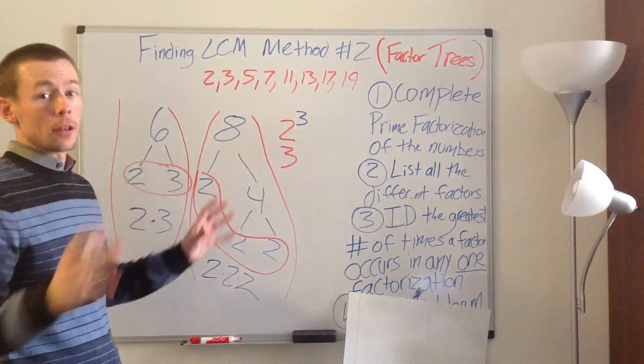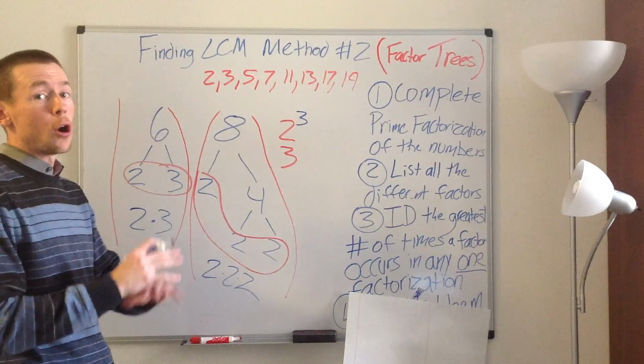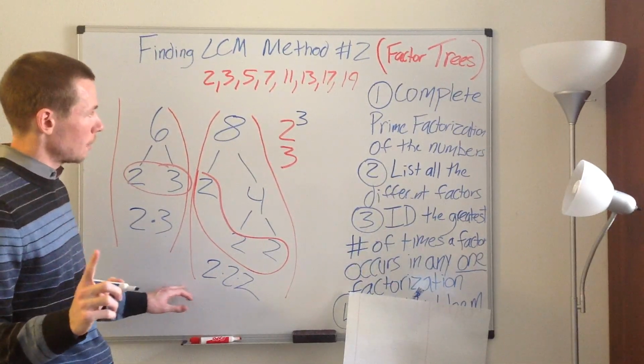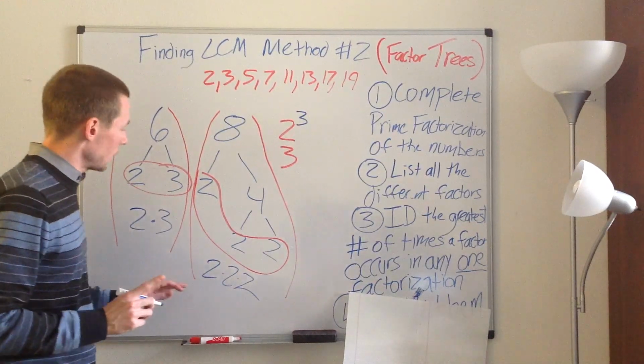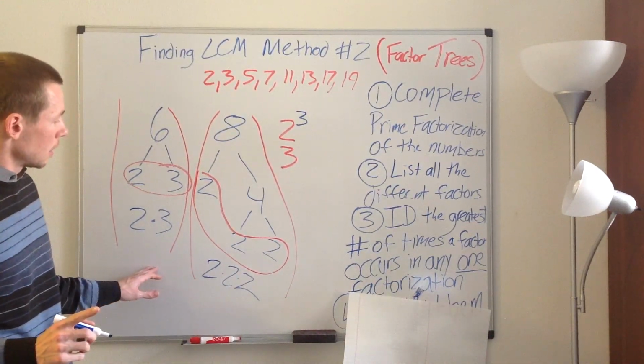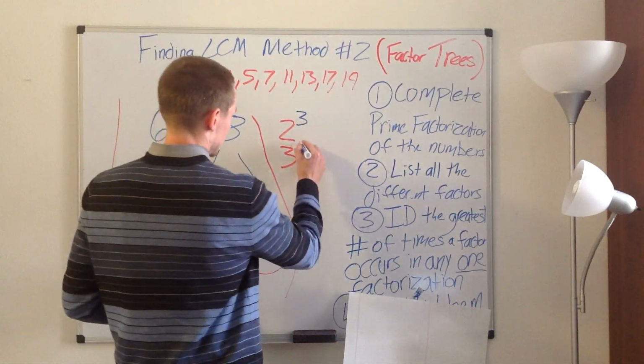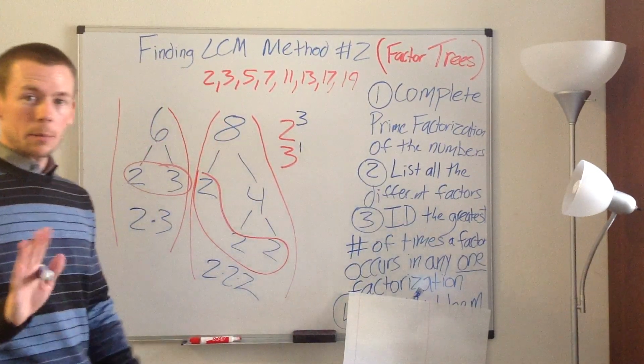Again, not how many times the 2 occurs across all the prime factorizations, but only in any one prime factorization. Now how many times does the 3 occur? Well, it only occurs once. Okay, so that is step 3.